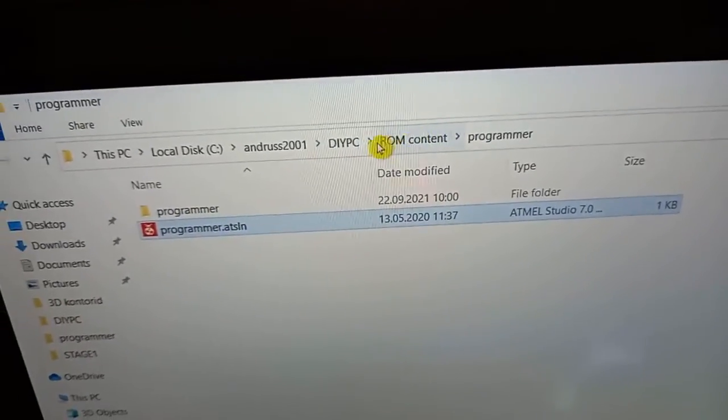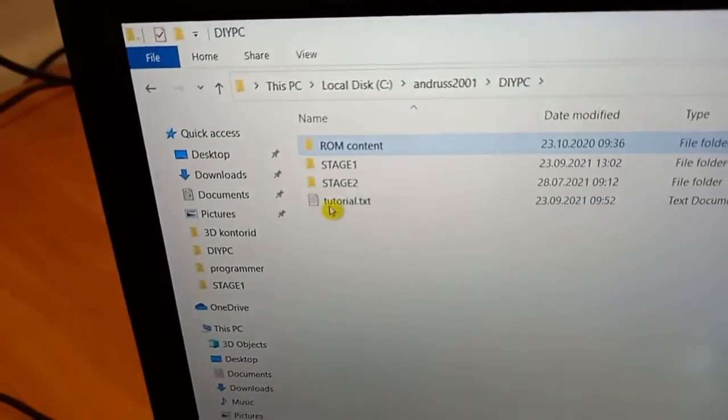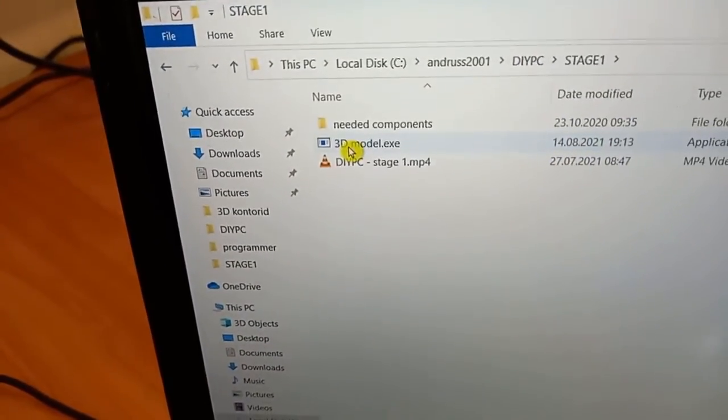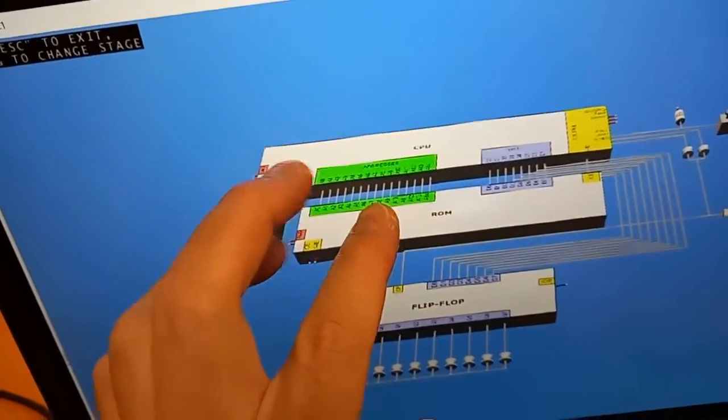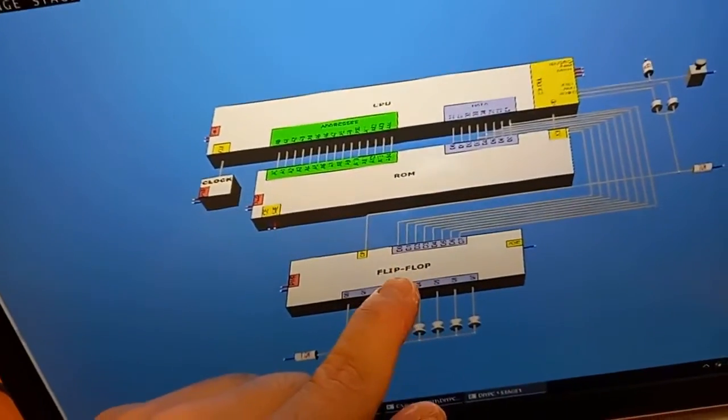Let's see the same stuff that we described here in the 3D model. So we have 3 components of our computer plus an output device.